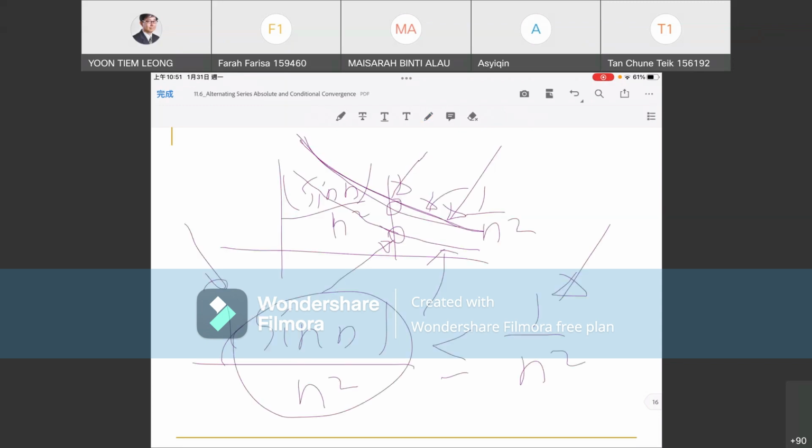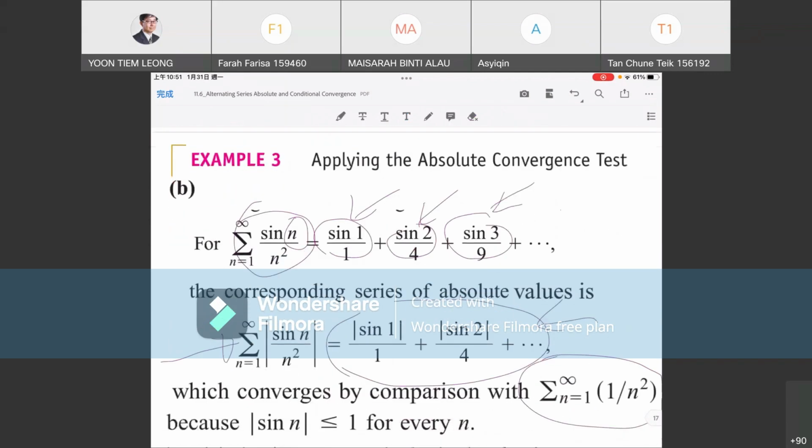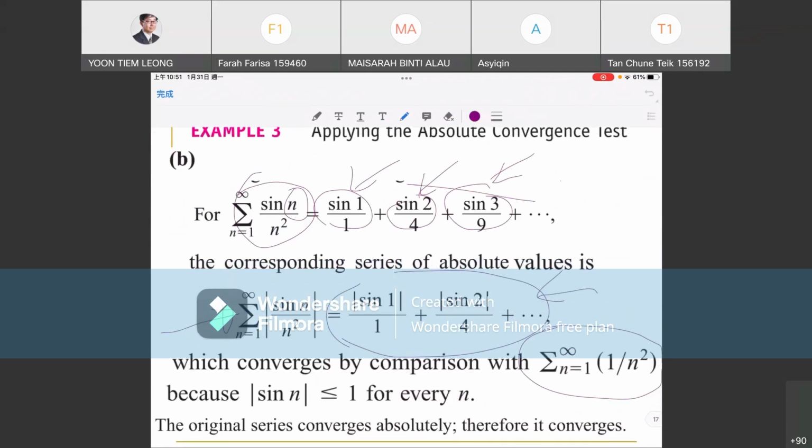After all these arguments, what we have tried to say is that this alternating series converges absolutely. Right? It's considered absolutely convergent. Therefore, since this alternating series converges absolutely, it converges.